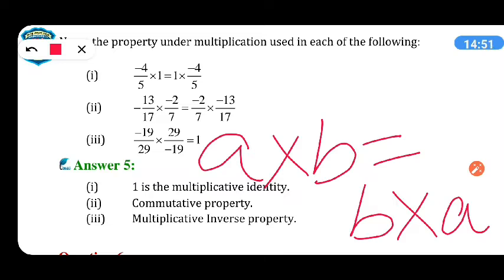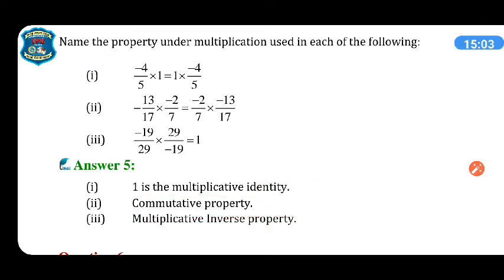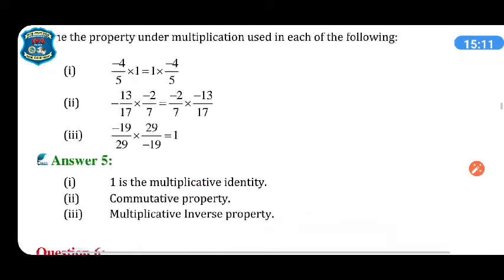Right? This is commutative property. Understood? So the second part is commutative property. The third one, minus 19 upon 29 multiplied 29 upon minus 19 equal to 1. See, what is this?